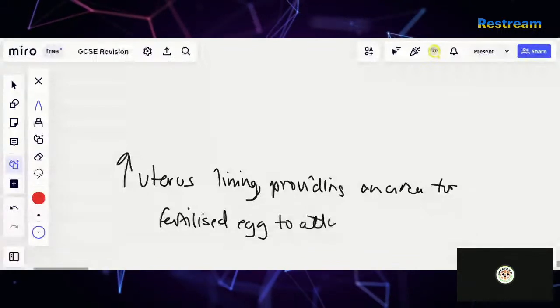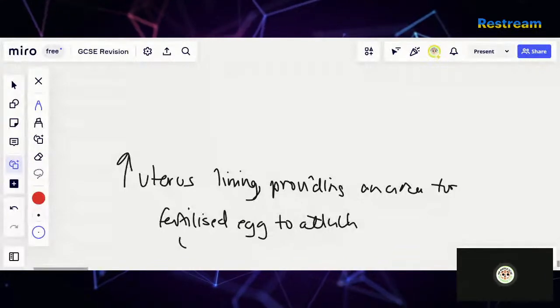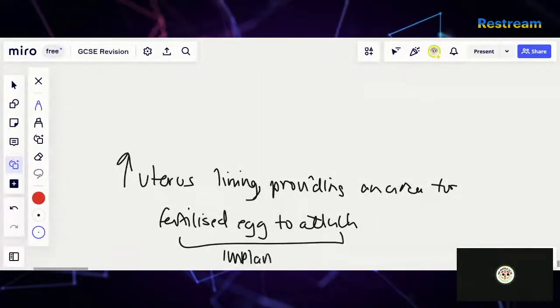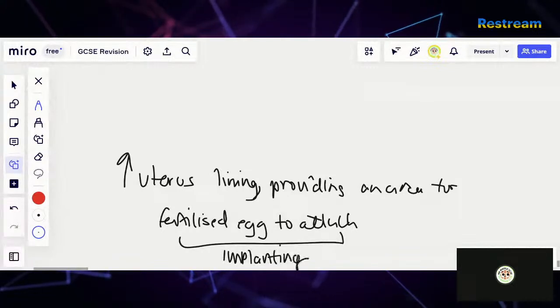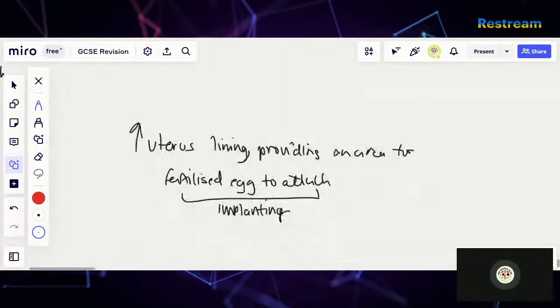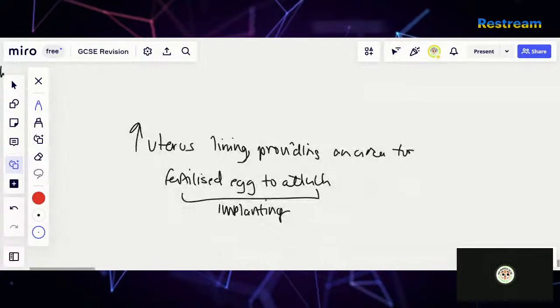And this process of the fertilized egg attaching to the uterus lining is called implantation.